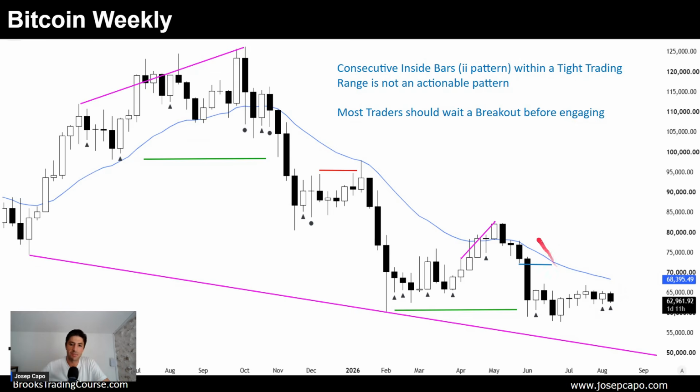And actually, the market has never flipped to always in long yet. So bears still dominate the short term. And it's possible that they continue down and even test in a climactic way this $50,000 level.